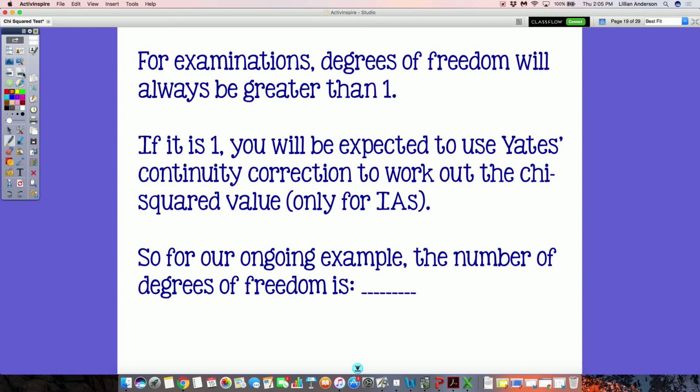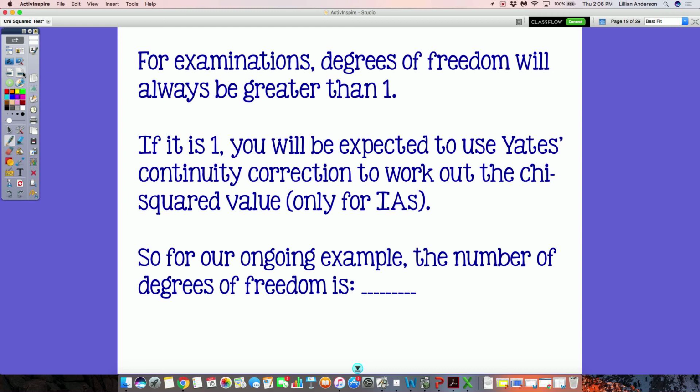Now, I'm not going to spend time in class going over that, but once we start talking about IAs, which we'll do at the end of this year, and you decide that chi-square is something you want to do as part of your project, and when you collect your data before you leave for the summertime, it just so happens that you have a degree of freedom of 1, then on an individual basis, we'll talk about the Yates continuity correction. But for exams, it will always be greater than 1.